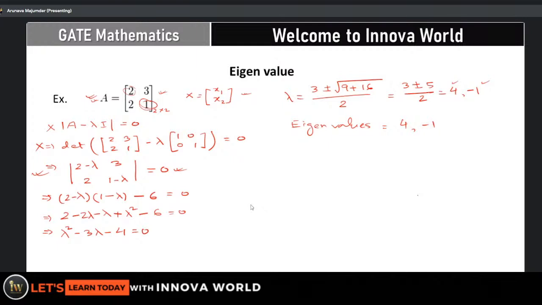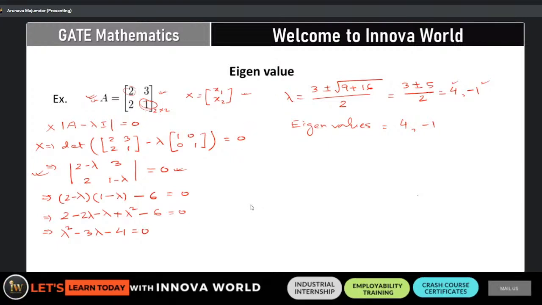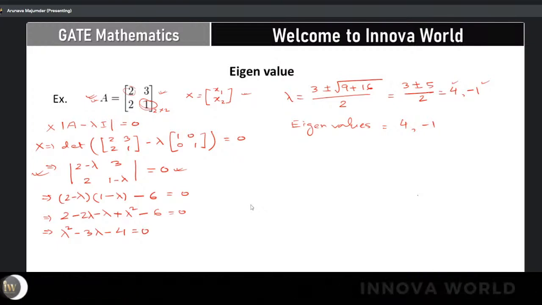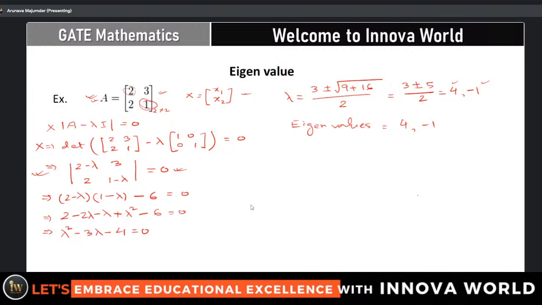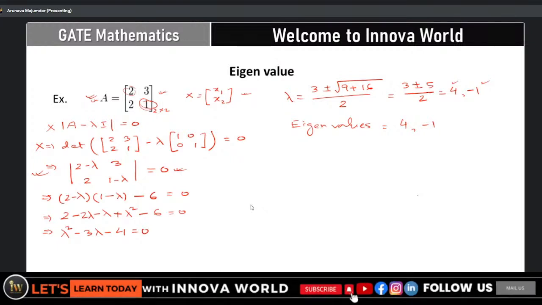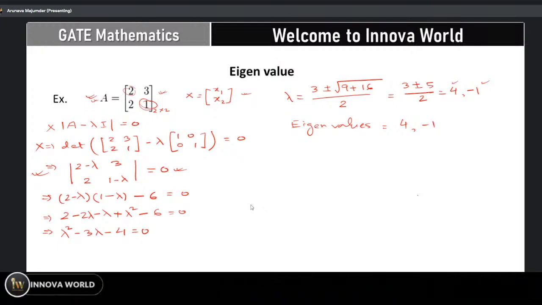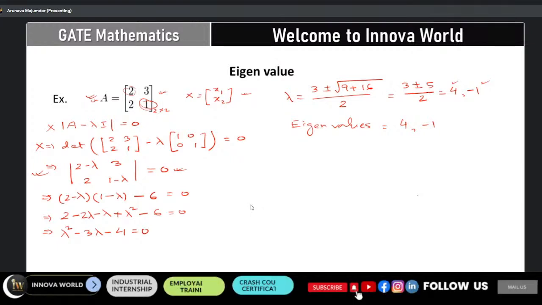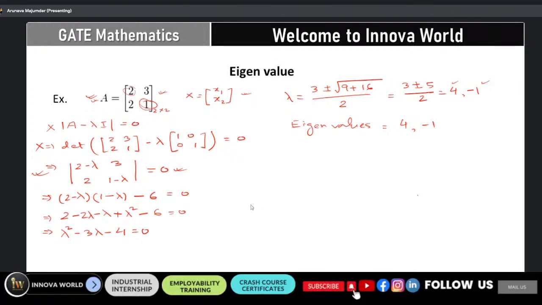Remember one thing: since the matrix is a 2 cross 2 matrix, we can get a maximum of two eigenvalues, not more than that. Second thing: can we sometimes get equal eigenvalues? Yes, we can also get equal eigenvalues. Let us suppose here we are getting 4 and minus 1. In some matrix we can also get 1 comma 1 or 2 comma 2 like this.